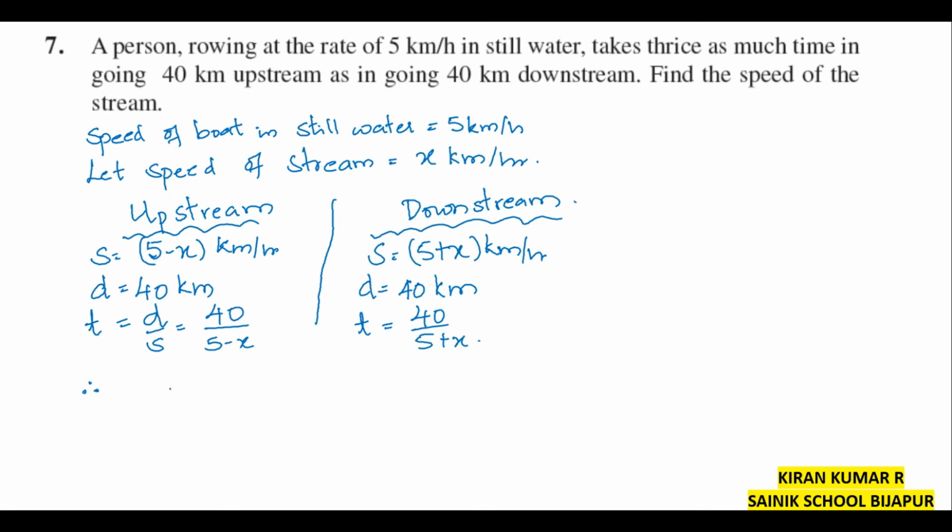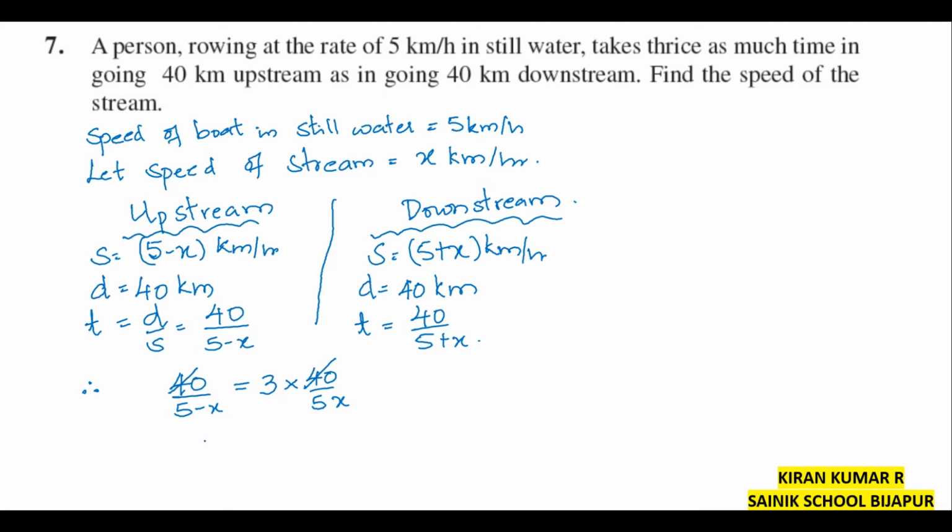Therefore, as per the question, 40 upon 5 minus x, the time taken upstream, is 3 times the time taken downstream. So I have to consider it in this format. I can cancel this 40 because it is in the numerator on both sides. Now to simplify this, let me cross multiply.